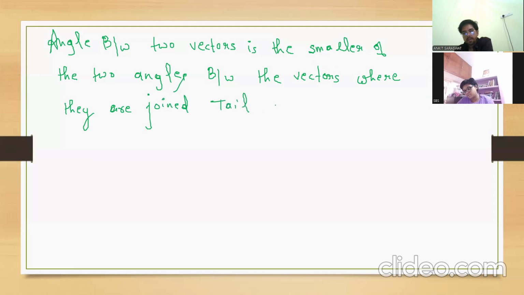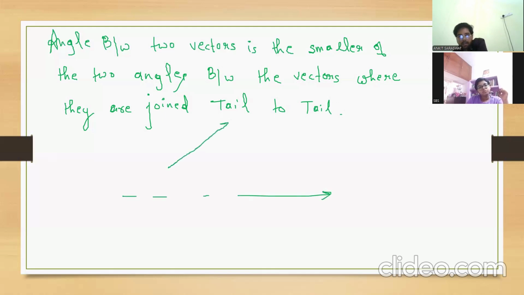Now, not only when they are joined, you just take the line of action of force. Suppose one vector is like this and one vector is like this. How do you find the angle between these two vectors? The angle between two vectors is the angle between the lines of action of force. For example, this is 2 Newton, this is 3 Newton.